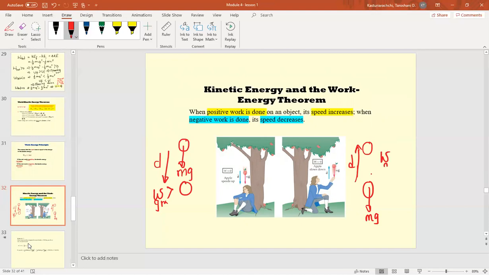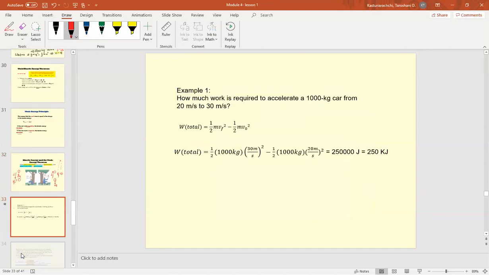Then your work done by gravity is negative, so that means it should slow down, right? That's why when you toss something, it slows down up to here. Then when it comes back again, it speeds up. We talk about this one in detail when we look at free fall.